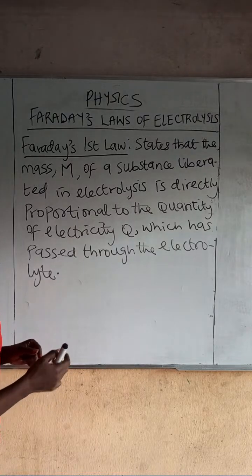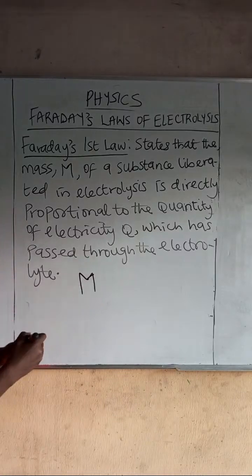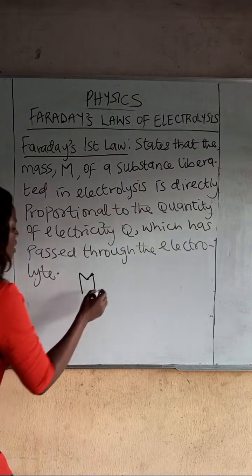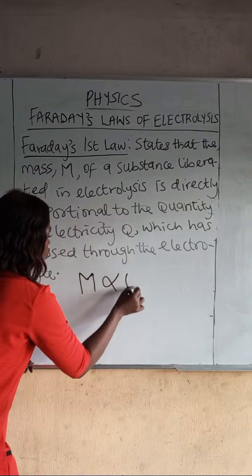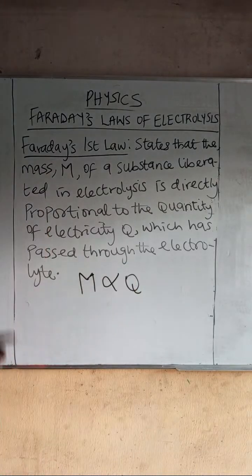You understand? The mass liberated in electrolysis is directly proportional to the quantity of electricity which has passed through the electrolyte. That is what Faraday's first law states.